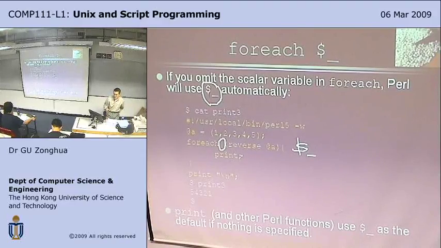So this is kind of a controversial feature in Perl because it can make code very unclear. But it can also make things much more concise. So print and other Perl functions use this implicit variable as the default if nothing is specified.